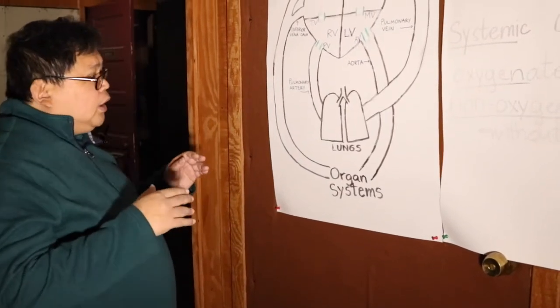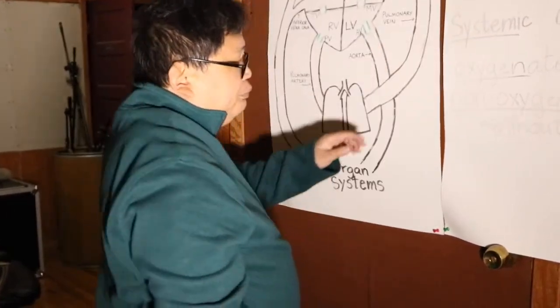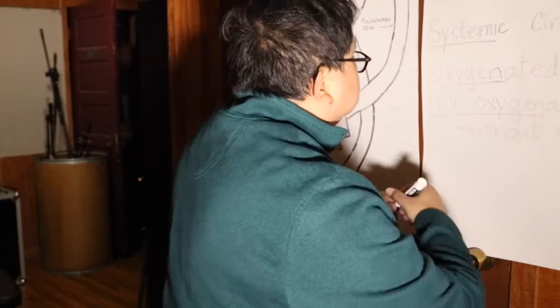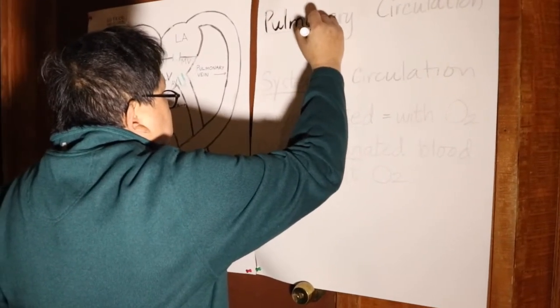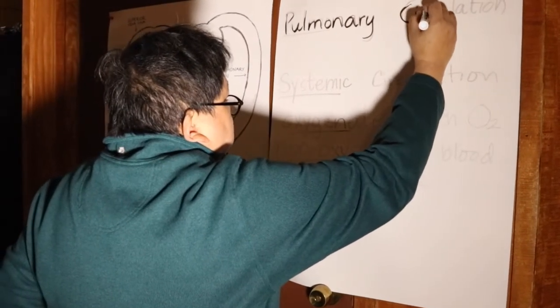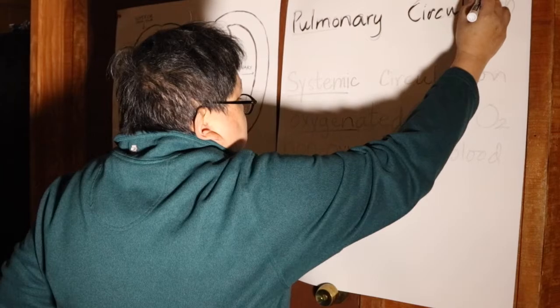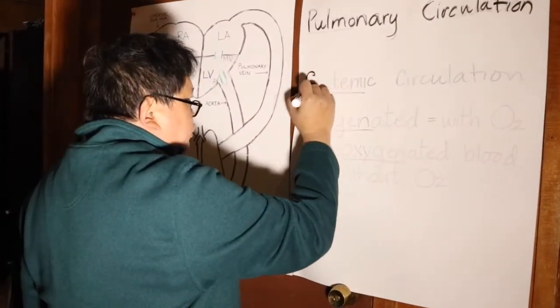Now, our circulation is divided into two. You have your pulmonary circulation, and also you have your systemic circulation.